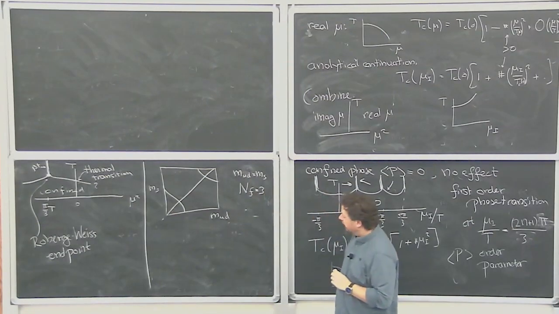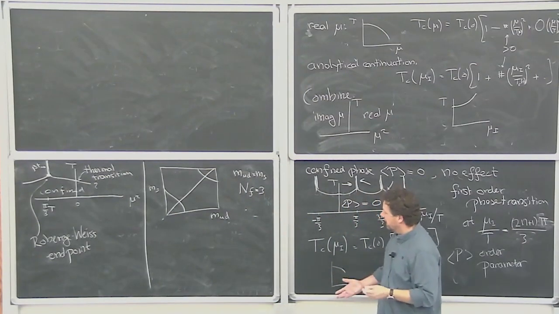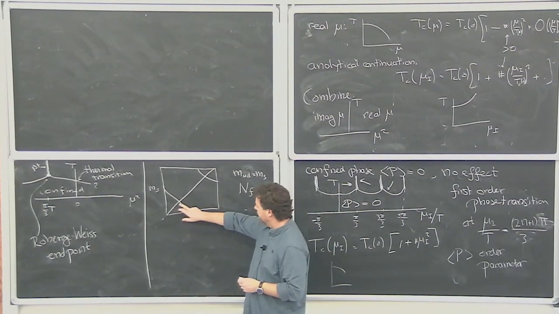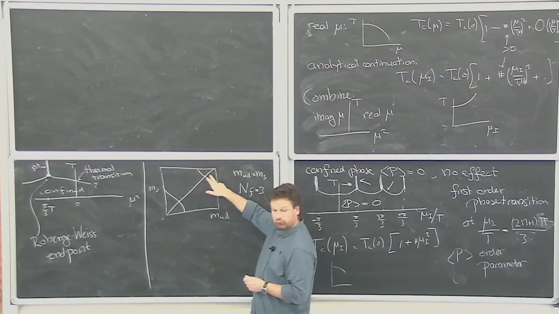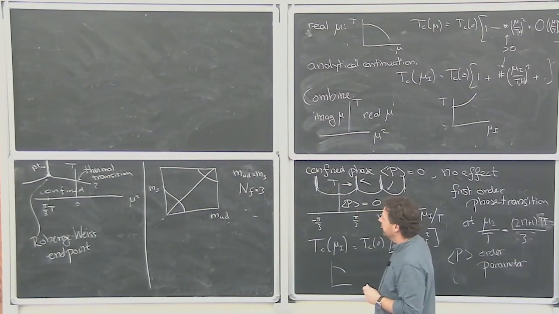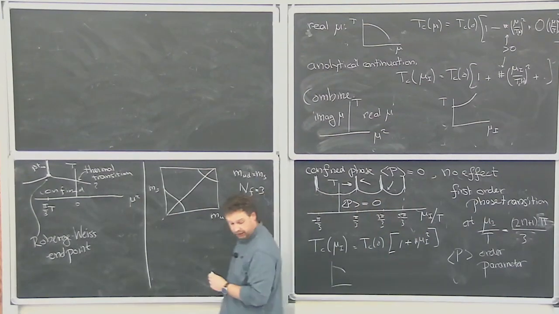If I start with 0 quark mass, I have a first order region, second order line, second order point, crossover, second order, first order. And let's now see what the impact is on this diagram here.